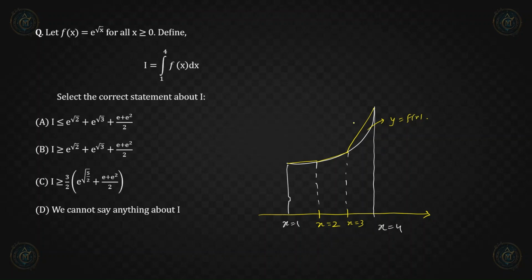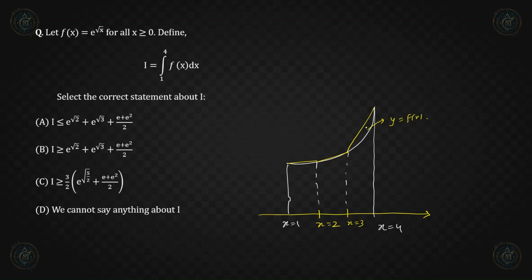If the function is concave upwards like this, for this function f(x) is concave upwards, right? We discussed f double dash x is greater than 0 in this interval, positive. So that means this function is concave upwards. So if the function is concave upwards, this line will always be above the curve y equal to f(x), right?